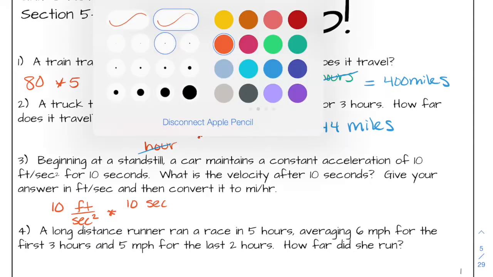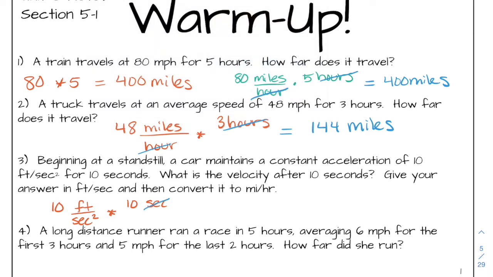And we will knock out one of these seconds with one of those. So we will have a total of 100 feet per second. Now, feet per second is a velocity, right? Acceleration is feet per second squared, but feet per second is a velocity.